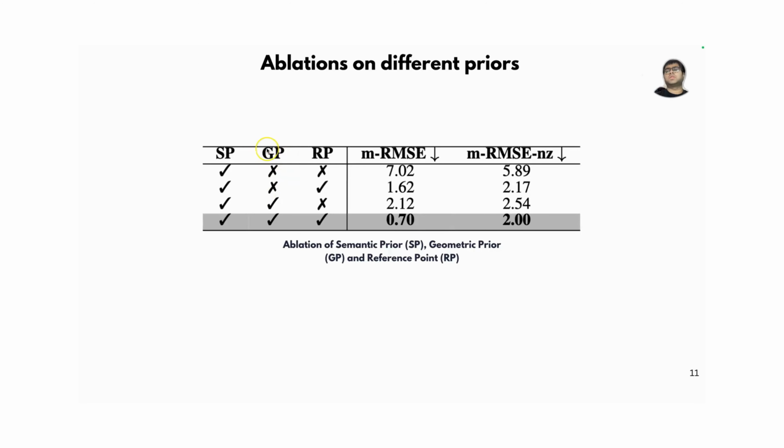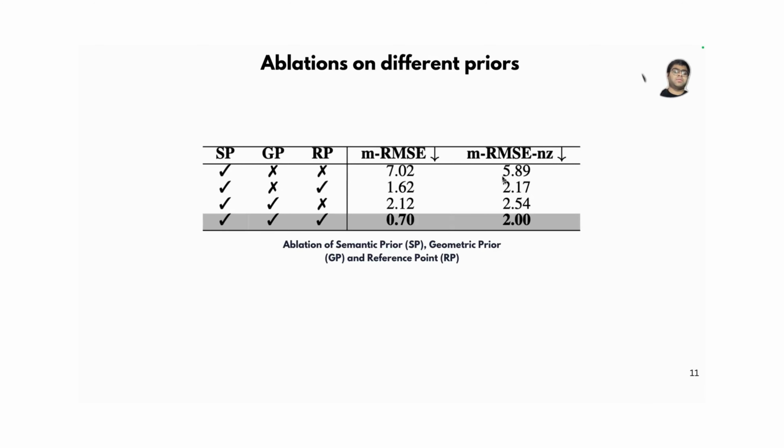Specifically from this table, we can see that without using the geometric prior, the error rate increases by 56 to 58%. This suggests that SAM's performance suffers when it lacks structural and geometric context for occluded objects.